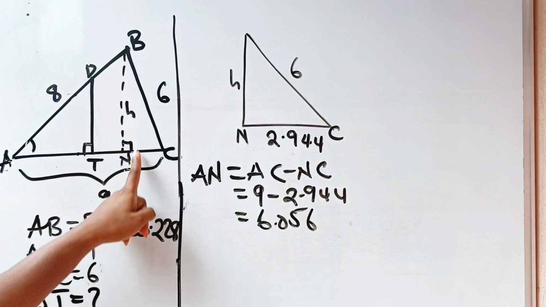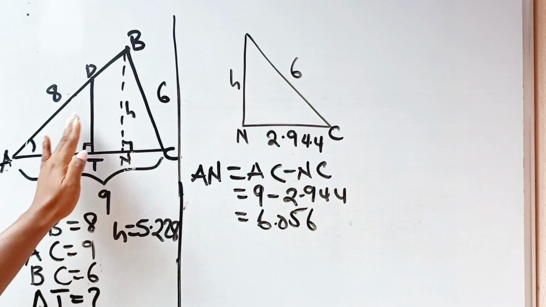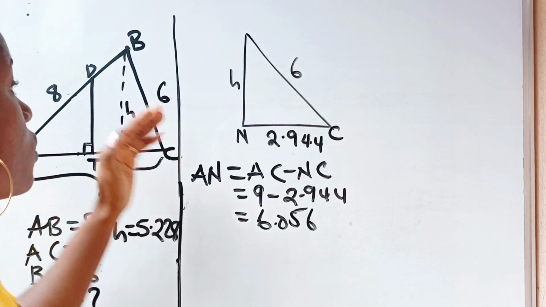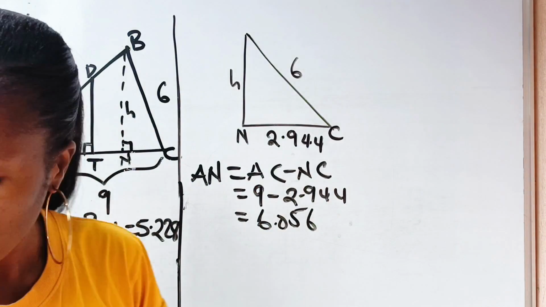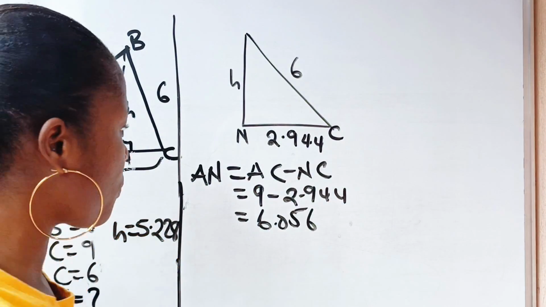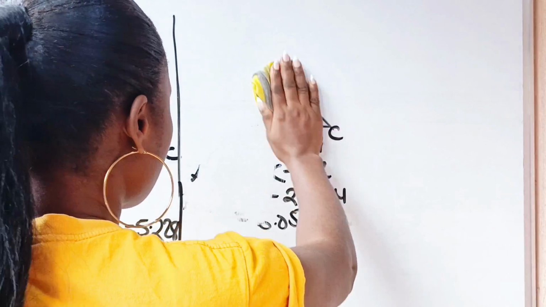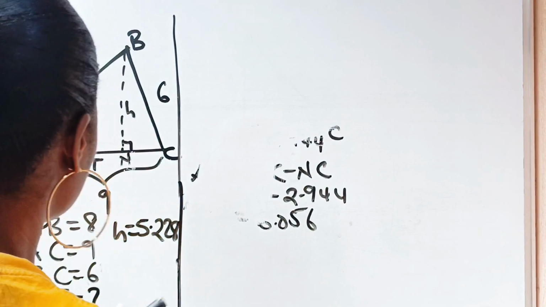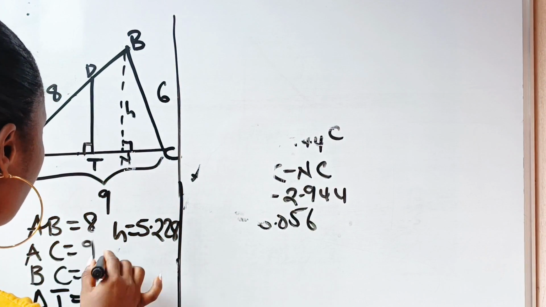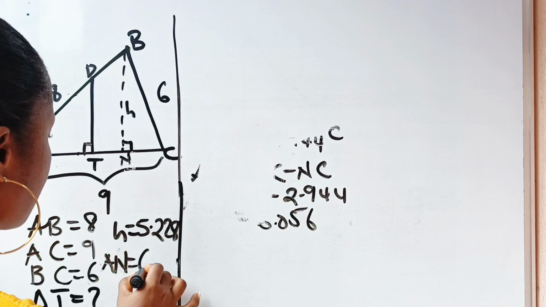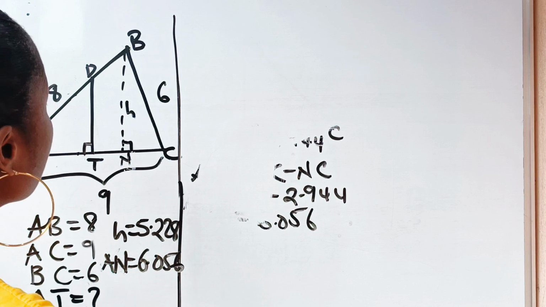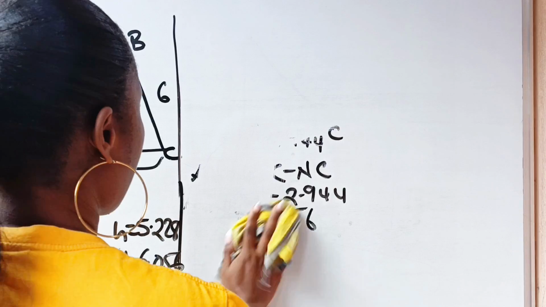Since we have gotten our h and the areas, we are going to use that theorem to find DT, which is what we are looking for. So we have 6.056 as our AN.